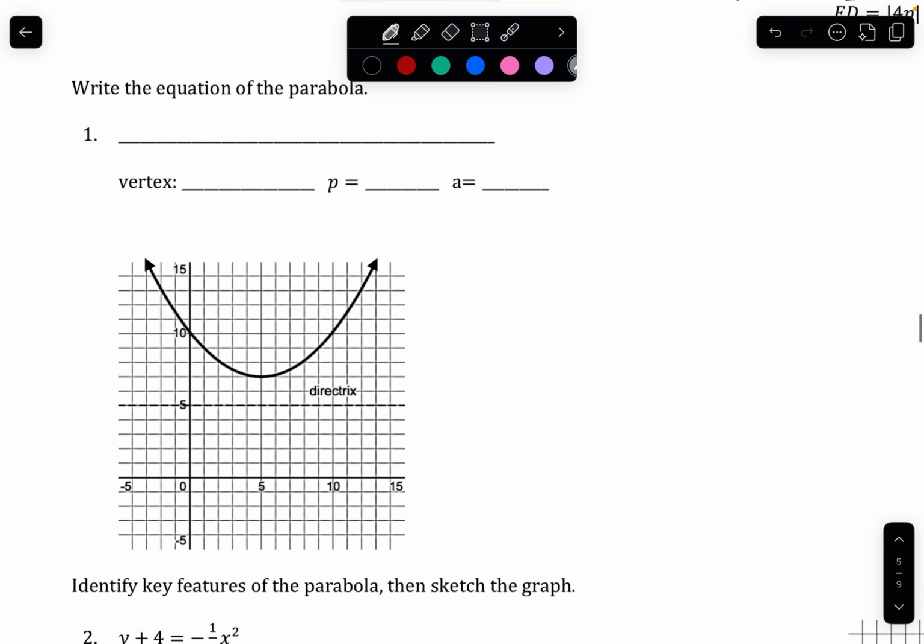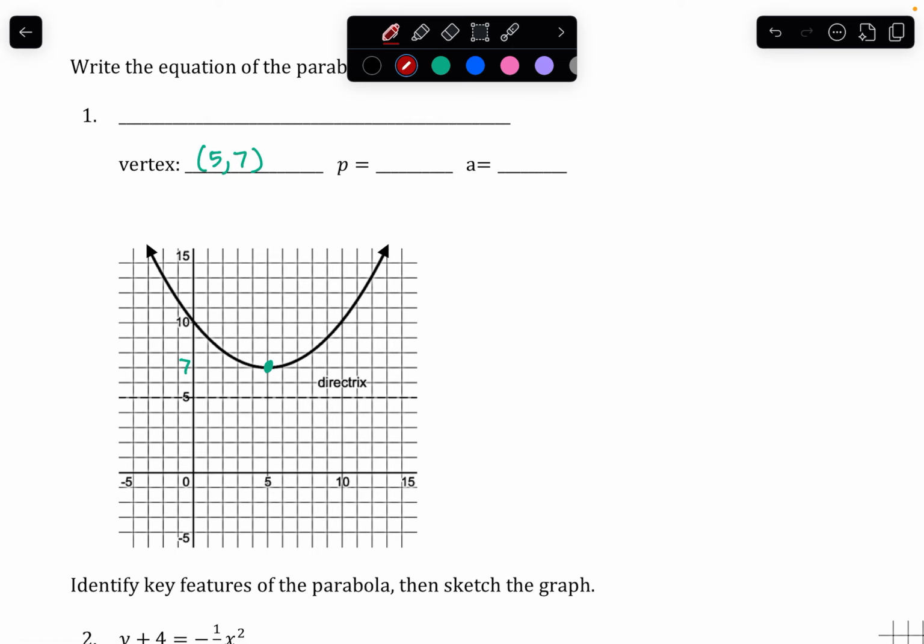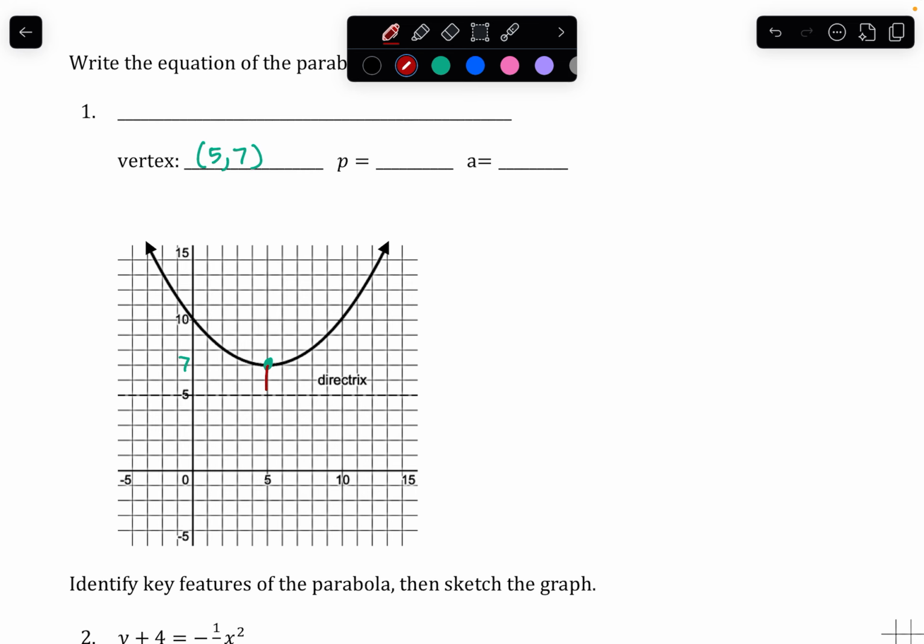Here we have a graph. We can see that the vertex is at 5, 7. Then we can measure the p-value using the directrix. Remember the directrix, which is graphed here, is always going to be equidistant from the vertex as the focus.